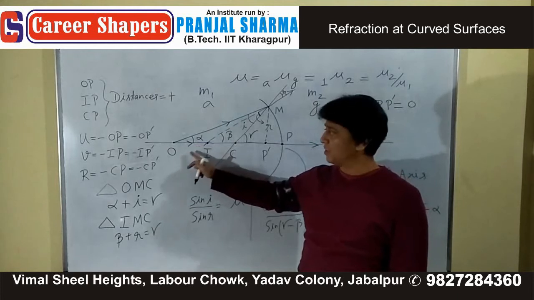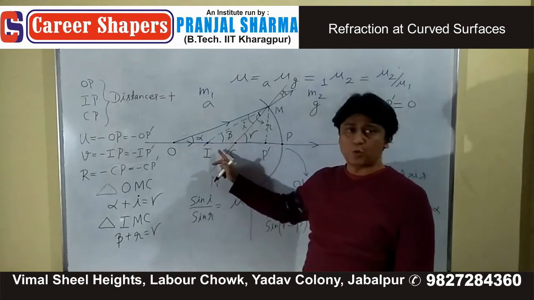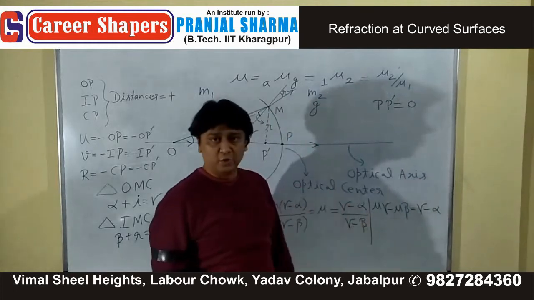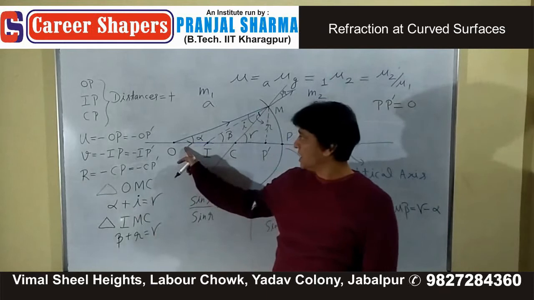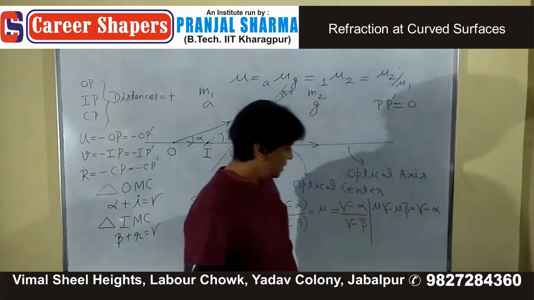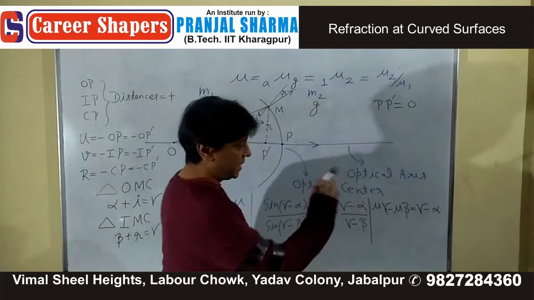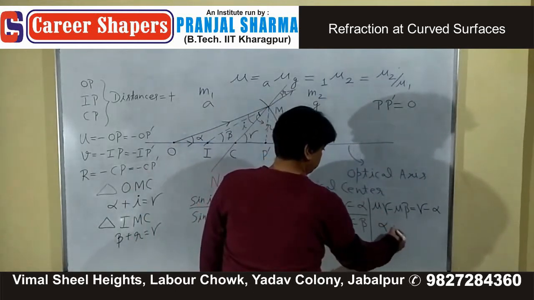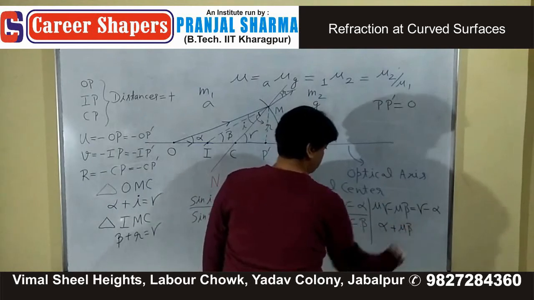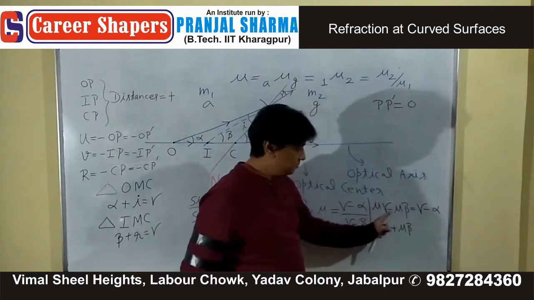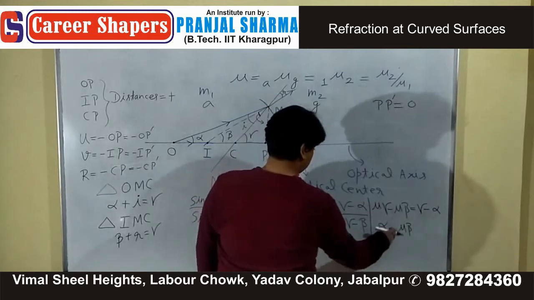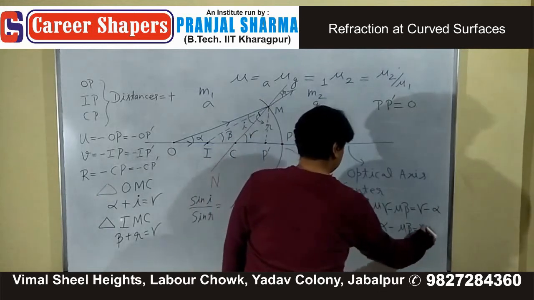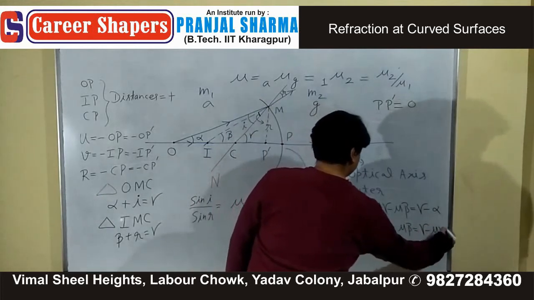Alpha will give you the distance of object, and beta will give you the distance of image. Therefore, from this point onwards, try to keep alpha and beta on the left side, and take gamma to the right side. It becomes alpha minus mu beta equals gamma minus mu gamma.